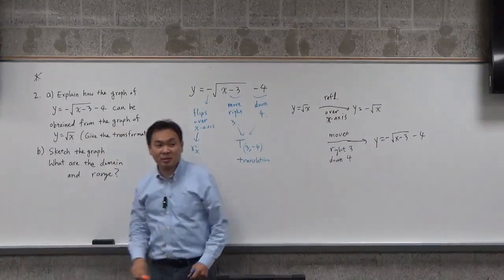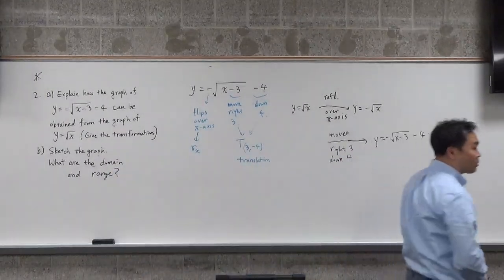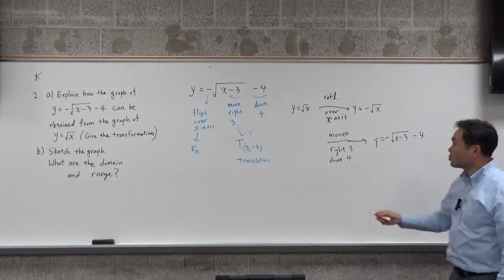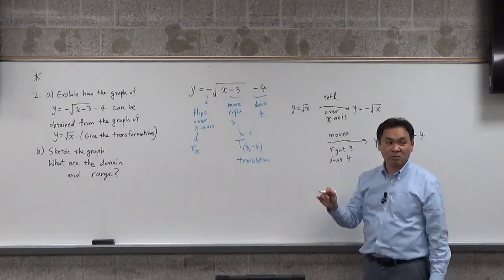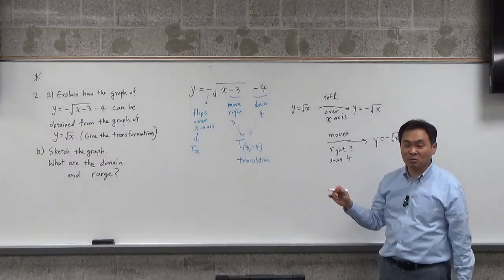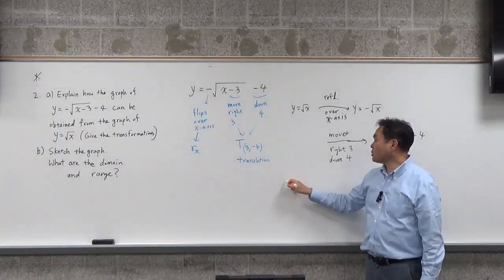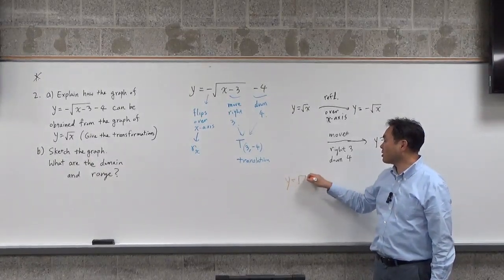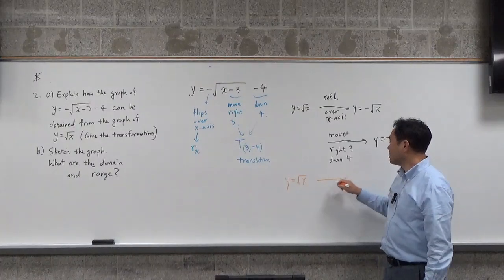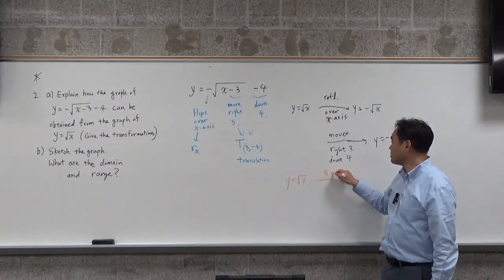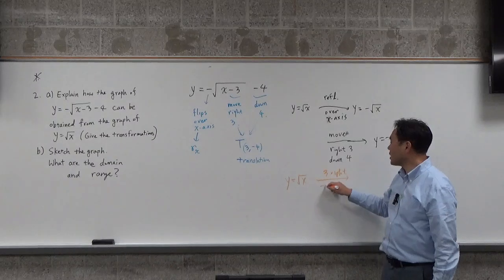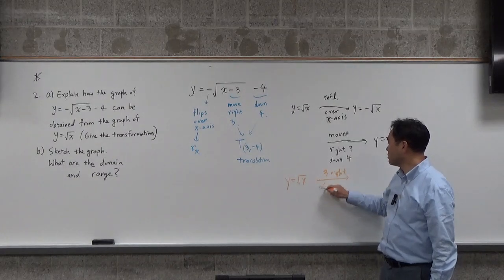So out of curiosity, let's see what happens if we did it the other way. Okay? And don't write this second one down because you're going to just confuse yourself if you read the notes later. So what if we started with y equals the square root of x and shifted 3 right and 4 down?